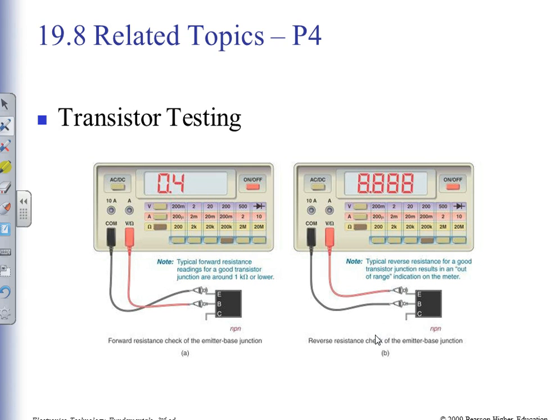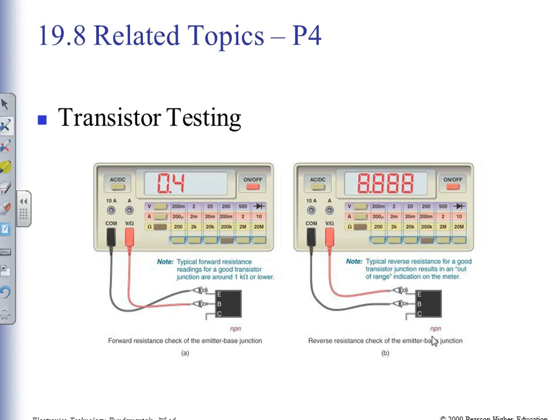Oh, okay. Now, how am I going to test a transistor? Well, if I was going to test a transistor, I'd put it in my transistor tester. That's what I would do. But barring that, if I don't have one sitting around, then I'm in the ohm reading, 200K, and I'm doing emitter to base, the base being hot, the emitter being neutral.